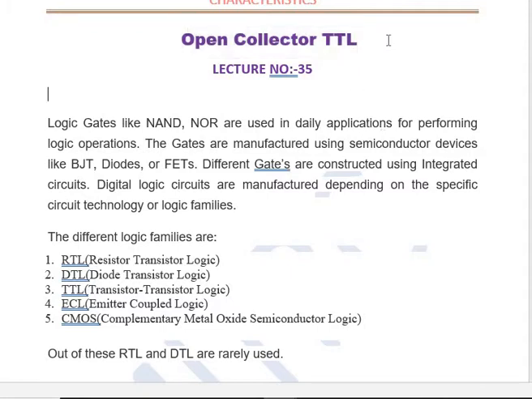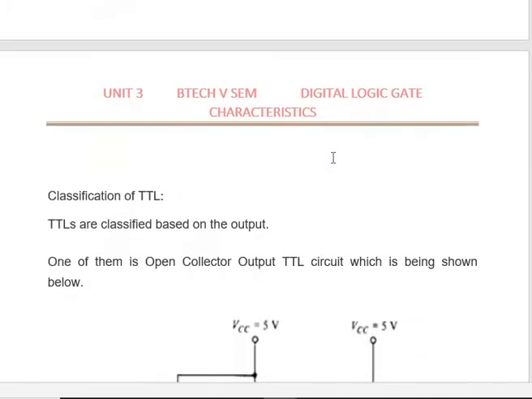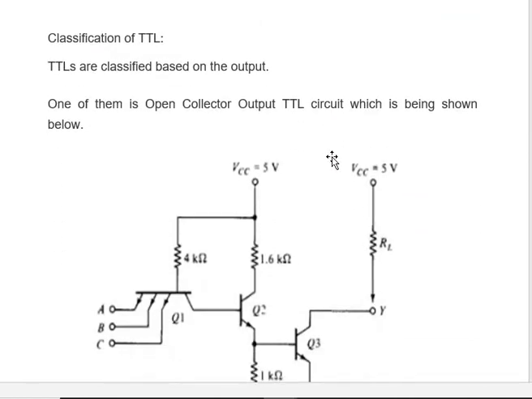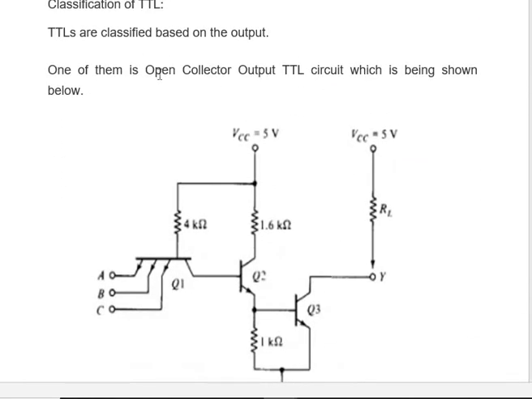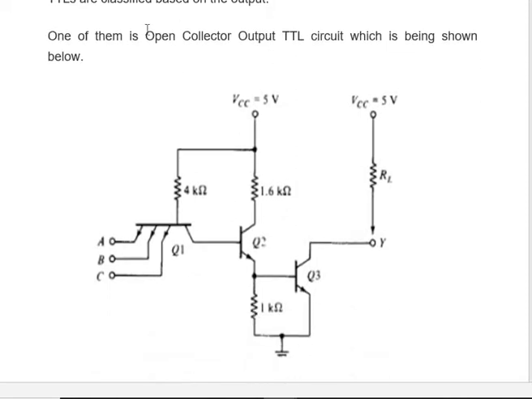Now what is this open collector TTL like? Let me show you the circuit diagram. See here, basically this is how TTL are classified, and on the basis of output, TTL can be classified as open collector output TTL circuit.